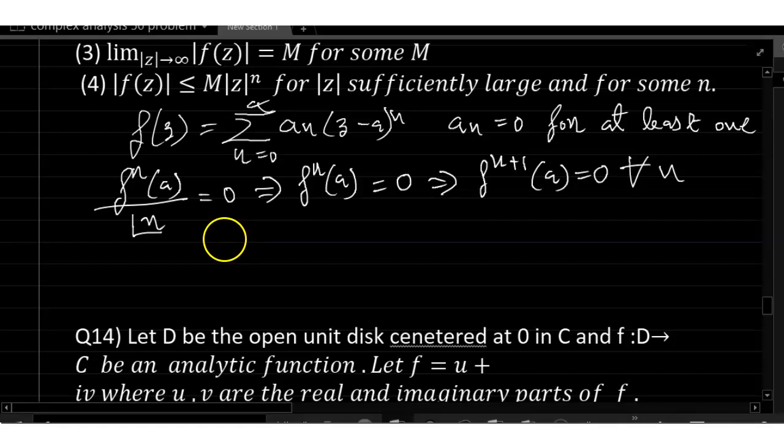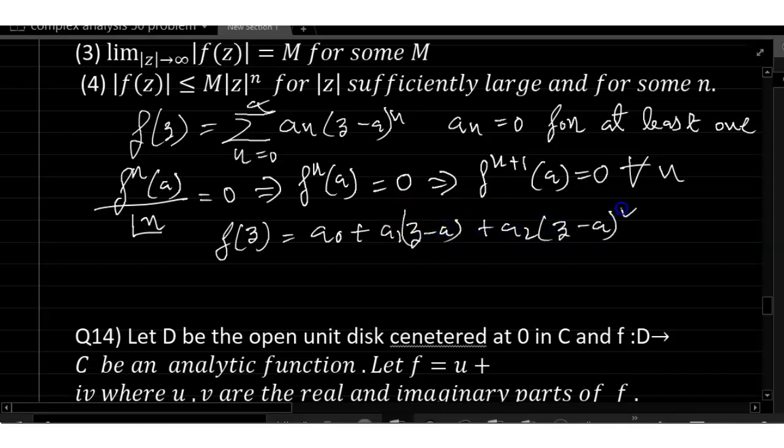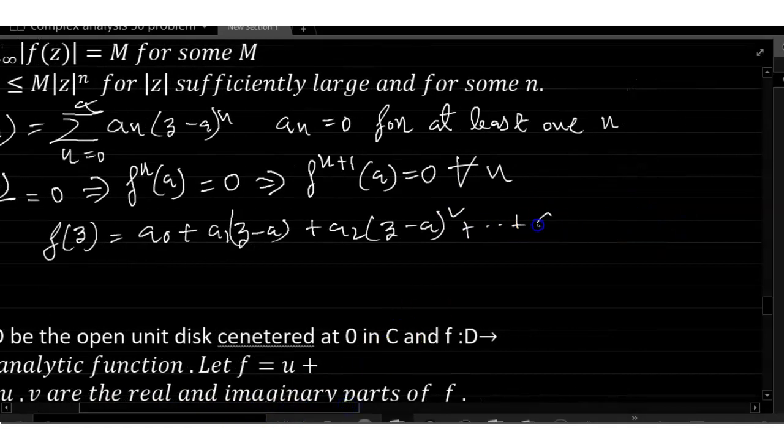So the value of f(z) equals a0 plus a1 (z minus a) up to (z minus a) whole to the power n.